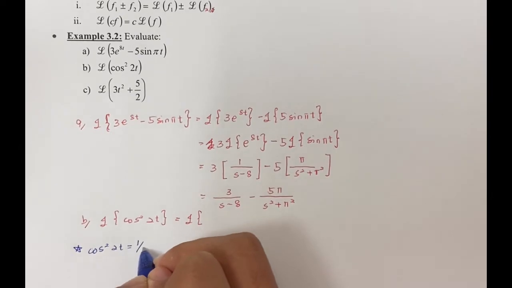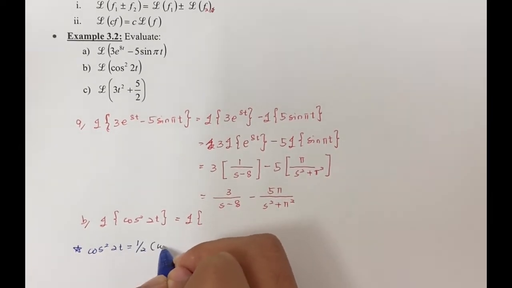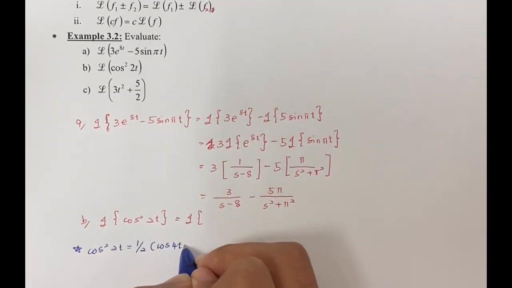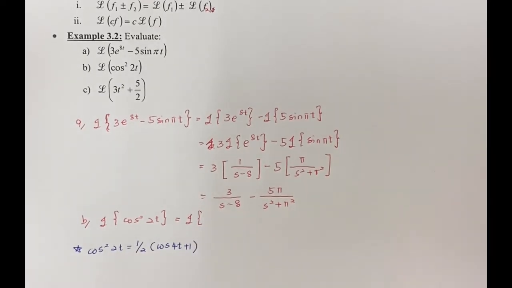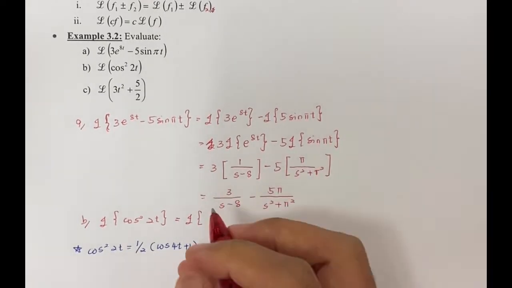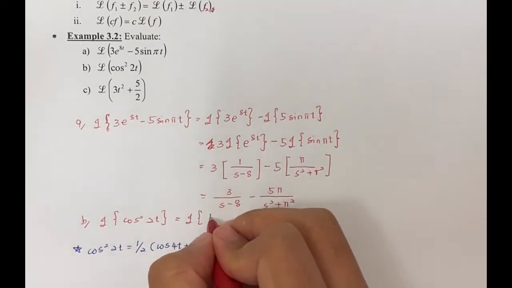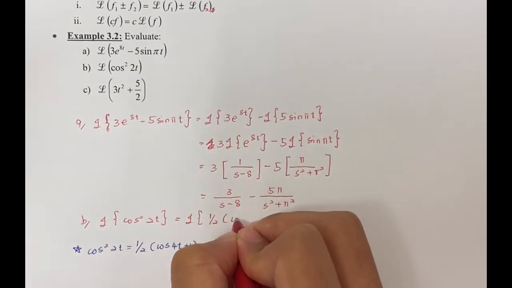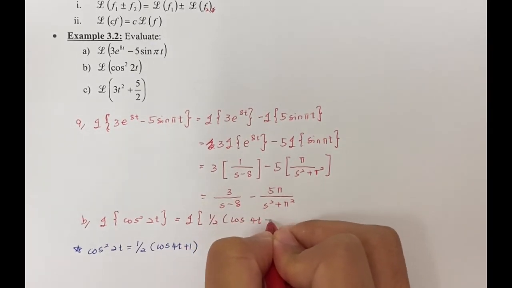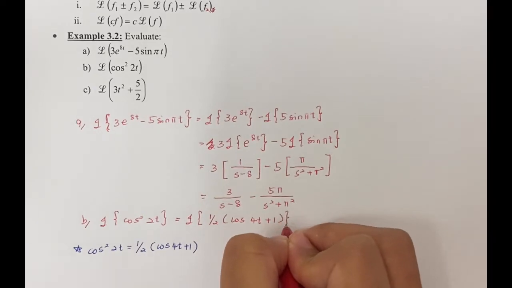So for this one, you need to find Laplace of, okay, since cos square 2t is equal to 1 over 2 cos 4t plus 1. Okay, so we need to find what is Laplace transform of this, 1 over 2 cos 4t plus 1.